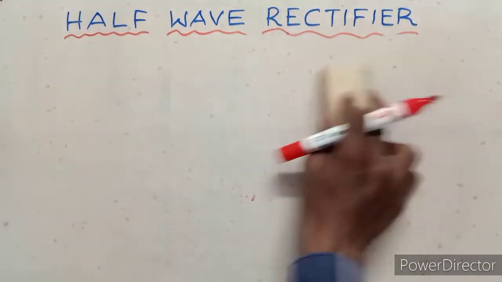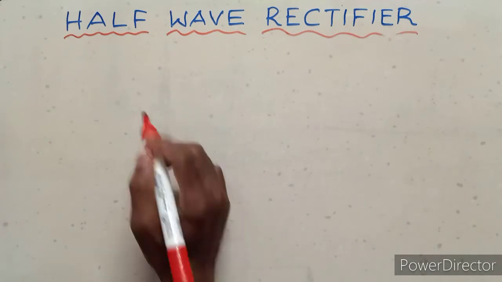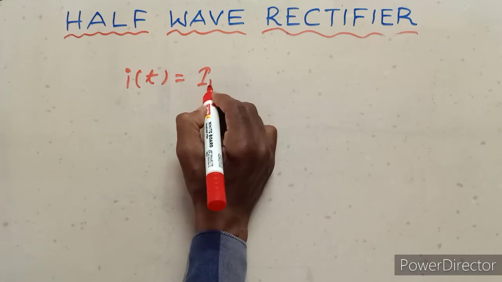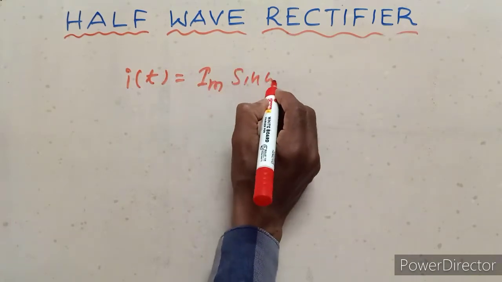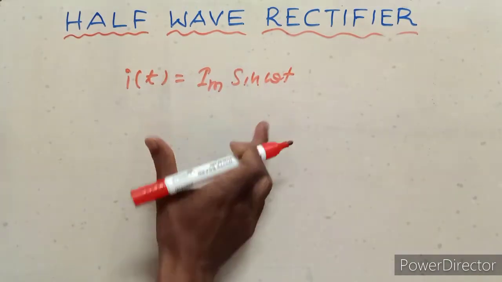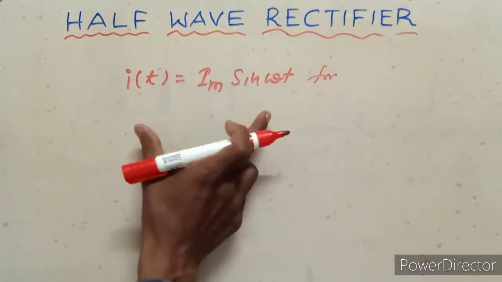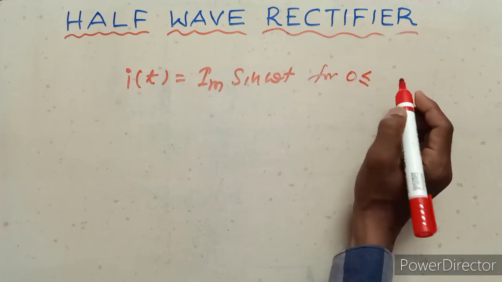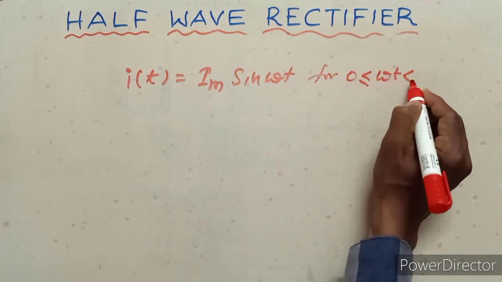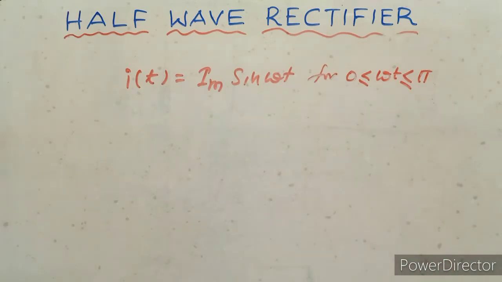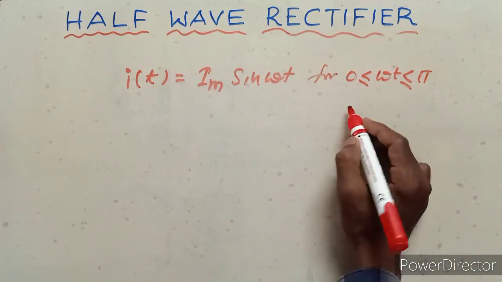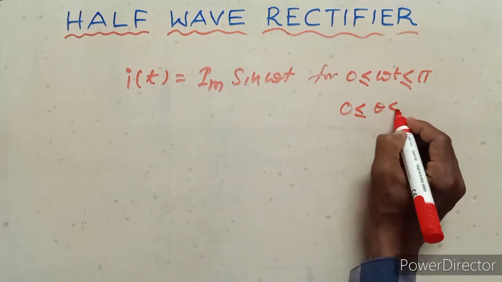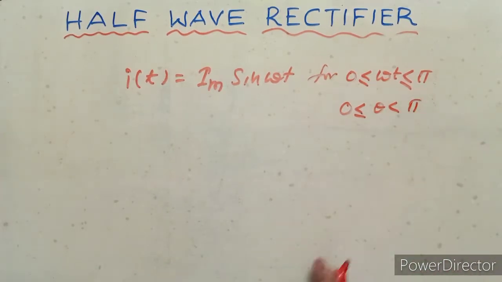Generally, we need the current function with respect to time: Im sin omega t for allowed current, where 0 is less than or equal to theta, which is less than or equal to pi.